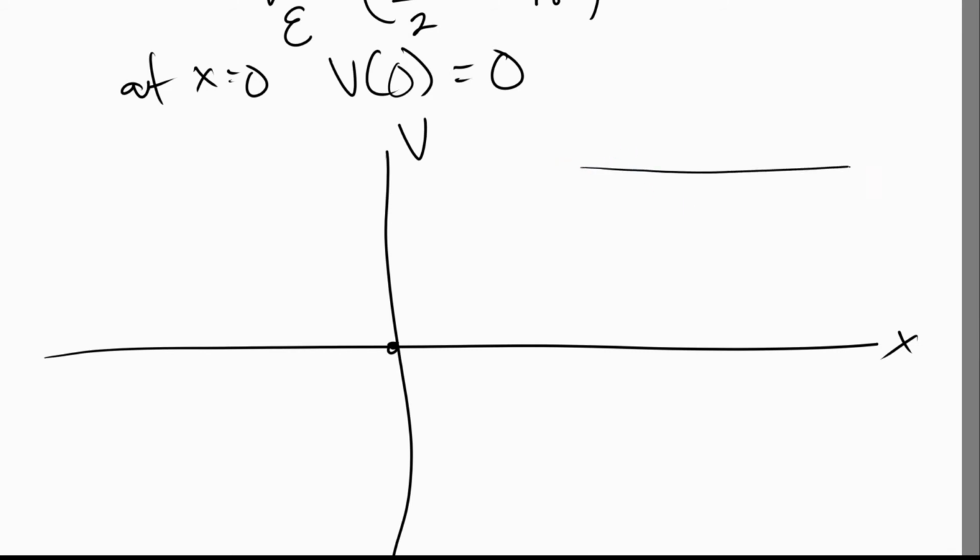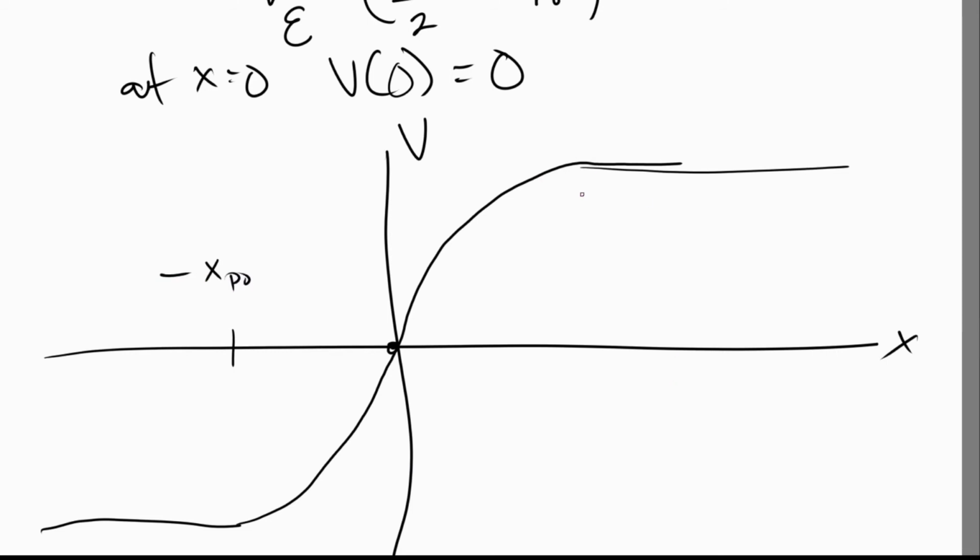So it looks like this and like this. Along the space charge region, it would vary with our change, and your potential profile would look something like this. This is your negative x p naught, and this is the extent of our depletion region, x n naught.